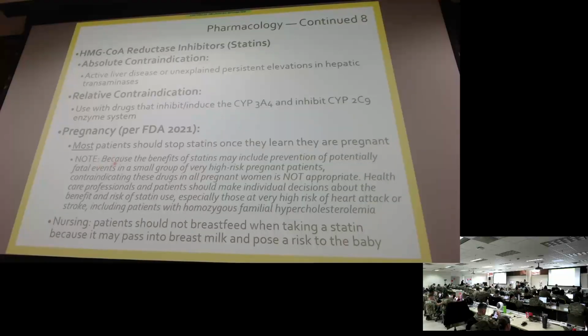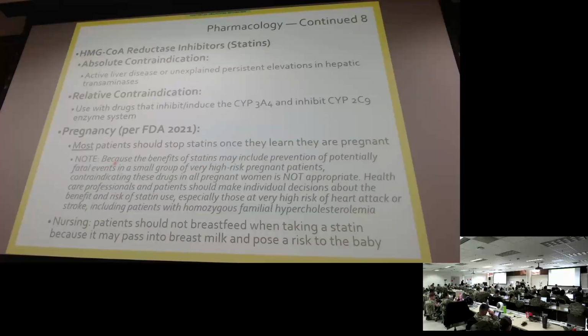And then pregnancy. This is a risk versus benefit type of situation and a very serious conversation that you need to have with the patient. When you're looking at this, you'll see a lot of the times they might change the patient to pravastatin because it's one of the safest ones that we do see used in our pregnant patients.